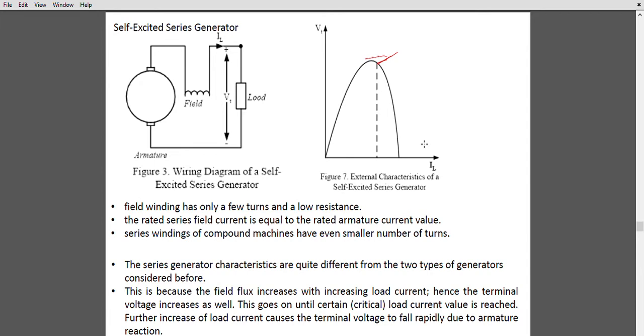This goes on until the voltage reaches a critical value and the load current reaches a critical limit. At this critical current value the voltage will start to drop until it reaches zero, and this happens due to the armature reaction in the self-excited series generator.